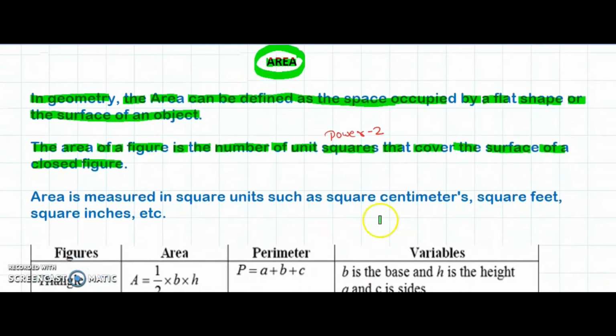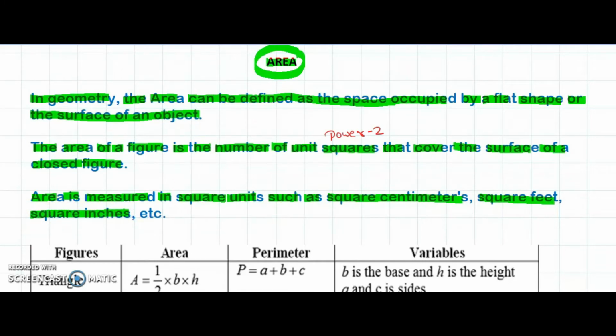Now the third and the last point for the area. Area is measured in square units, such as square centimeters, square feet, square inches.